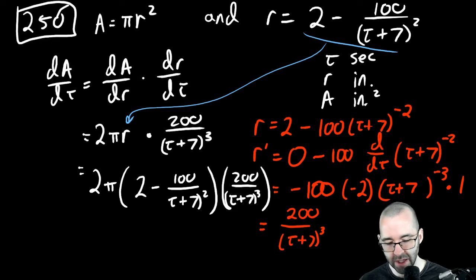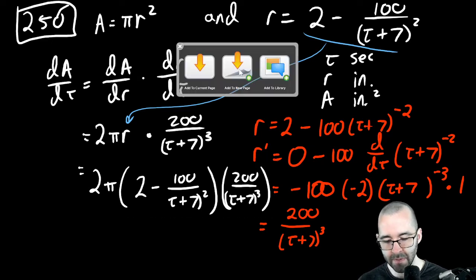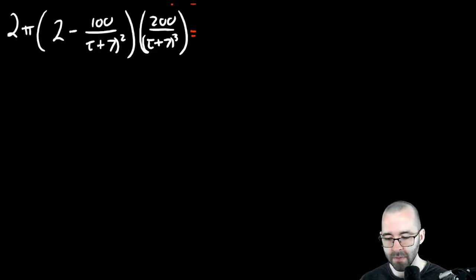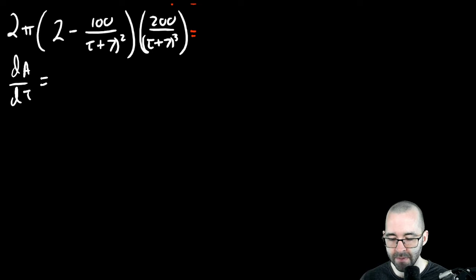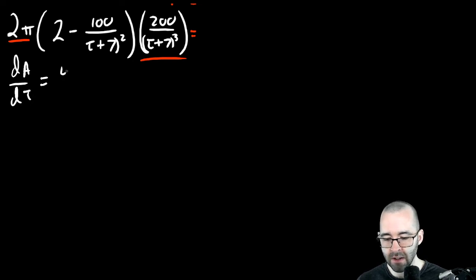Let's do that on the next page so we have a little more room. This is dA/dt, the rate of change of the area over time. First, I want to combine this and this. It's going to be 400 pi over t plus 7 cubed.